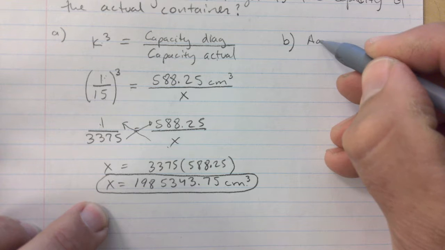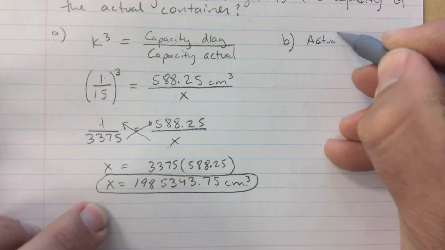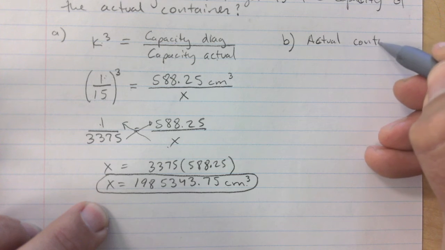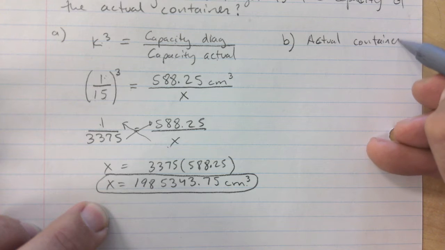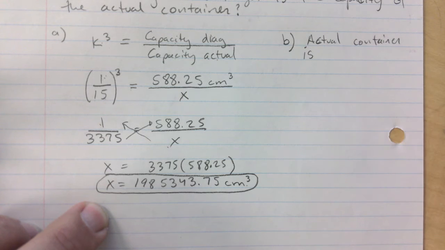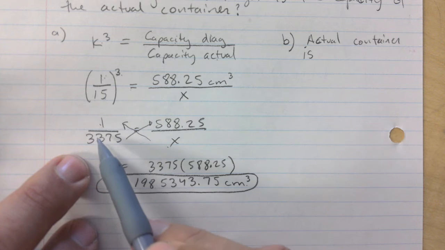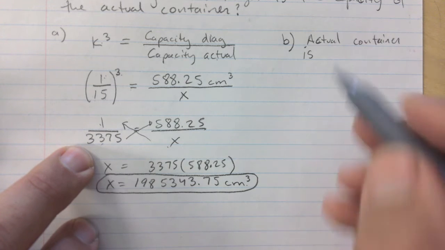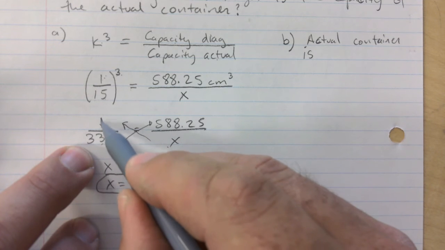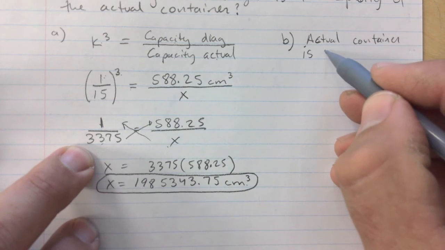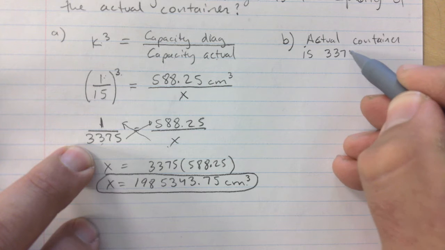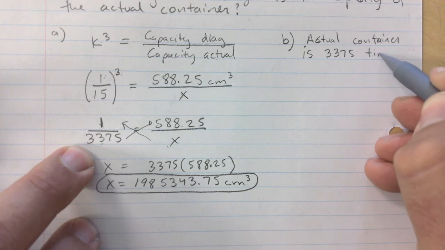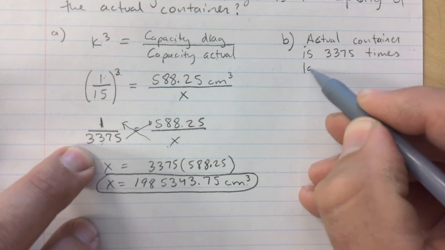And then B, we'll just answer it there. The actual container is, just look at after cubing K, you get the 3,375. And because there's a 1 up top, you can just say it's 3,375 times larger.